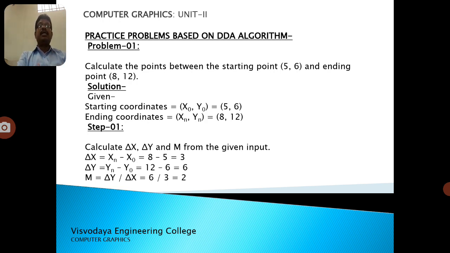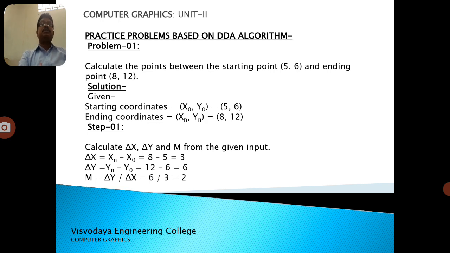Coming to the next step, how many coordinates we take between the starting and ending point depends on the absolute values. If the absolute value of delta x is greater than the absolute value of delta y, then the number of steps or iterations equals the absolute of delta x. Else, if the condition is not true, the number of steps equals the absolute of delta y.